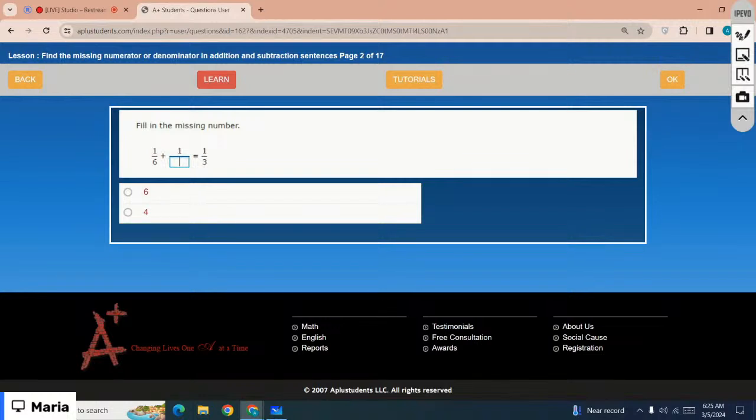So which is the correct option? The correct option is 1 over 6. 6 is the missing number, right?